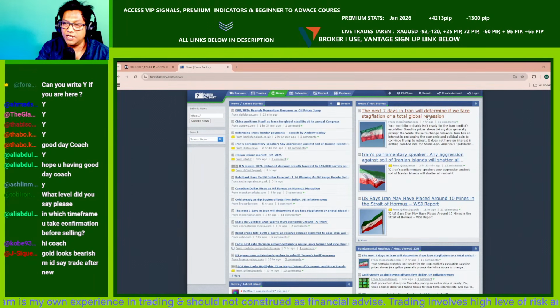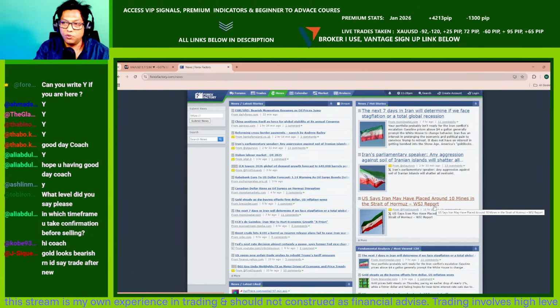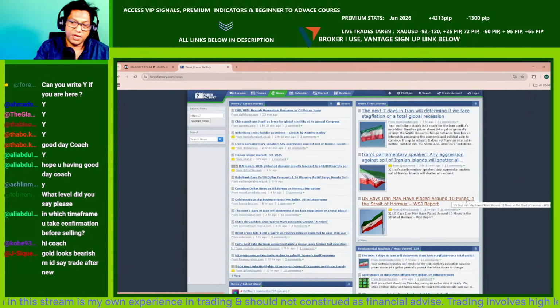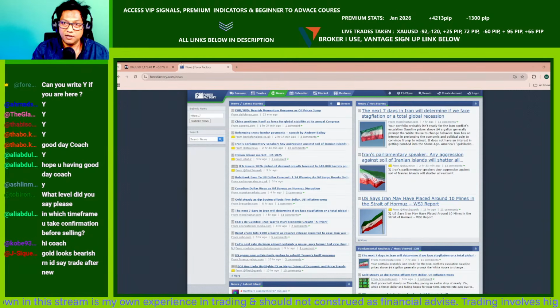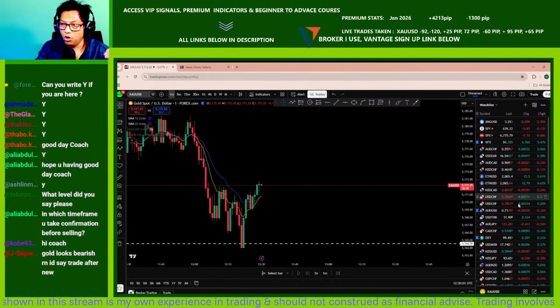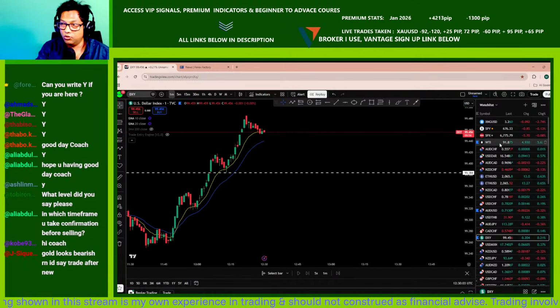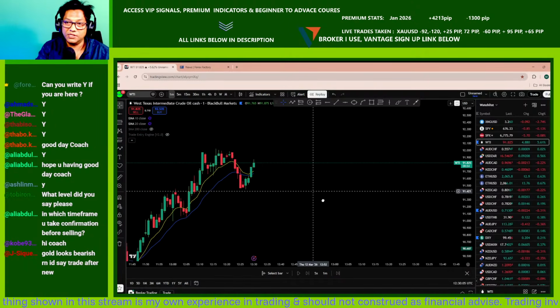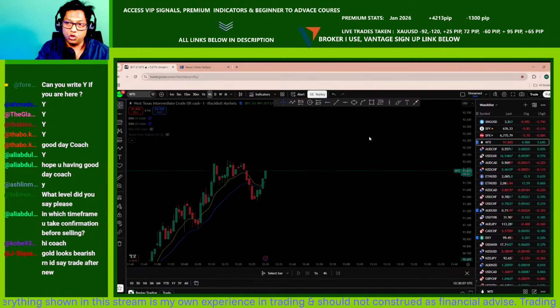So if this Strait of Hormuz is not able to stabilize, and all the ships are not able to pass through, then we could see the oil price going up, and we can see the market is showing that.